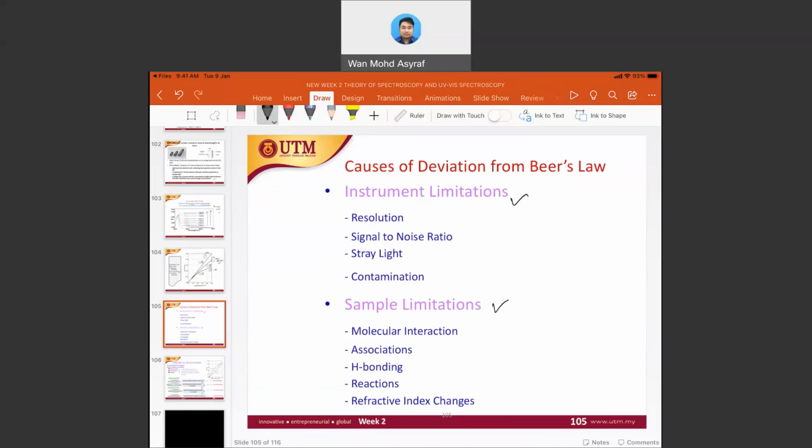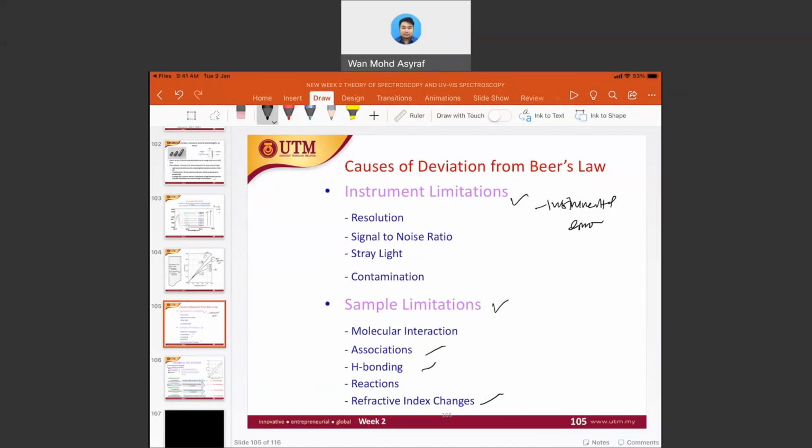All of this comes from the instrument itself, so instrumental error. How about sample limitations? Molecular interactions, associations, hydrogen bonding between the molecules, reactions caused by the molecules, and also refractive index changes. All of this would create limitations, either positive deviations or negative deviations.